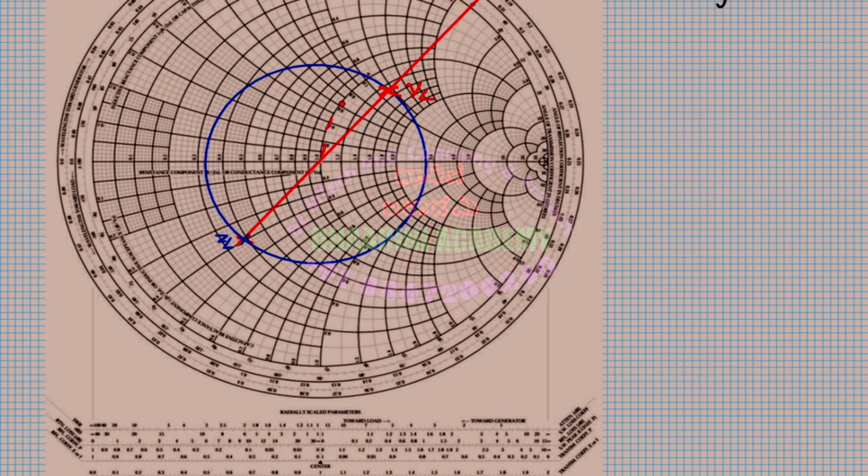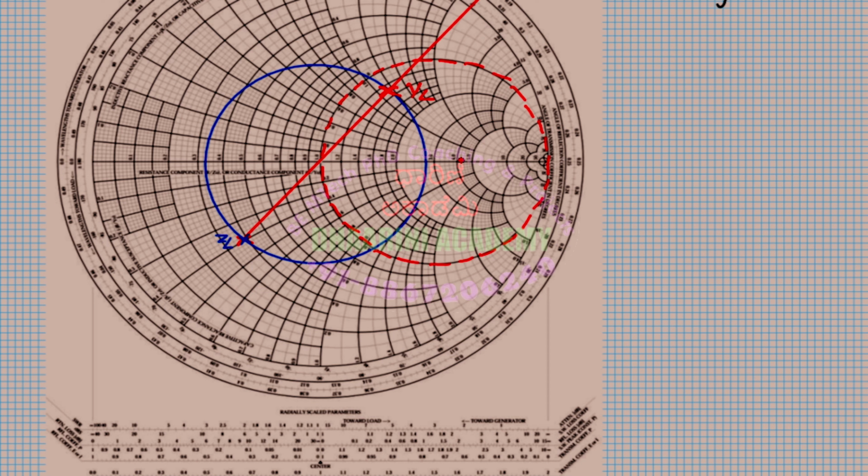Whatever I'm marking now, I'm talking about that circle. If you want, you can make this circle darker on your graph by redrawing something over it. I'm just highlighting it. So this is the r equal to 1 circle.